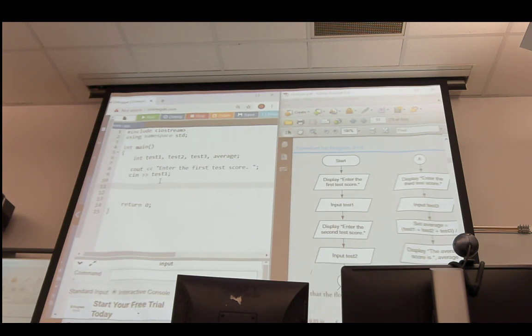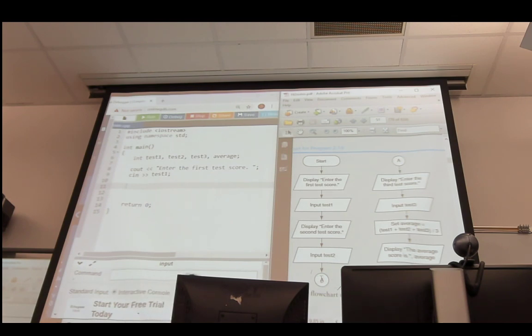All right. Yes, ma'am. So I've gone down to the input test 2, and then it has the A. That's average, right? Oh, remember we talked about the symbols? This here is a connector.